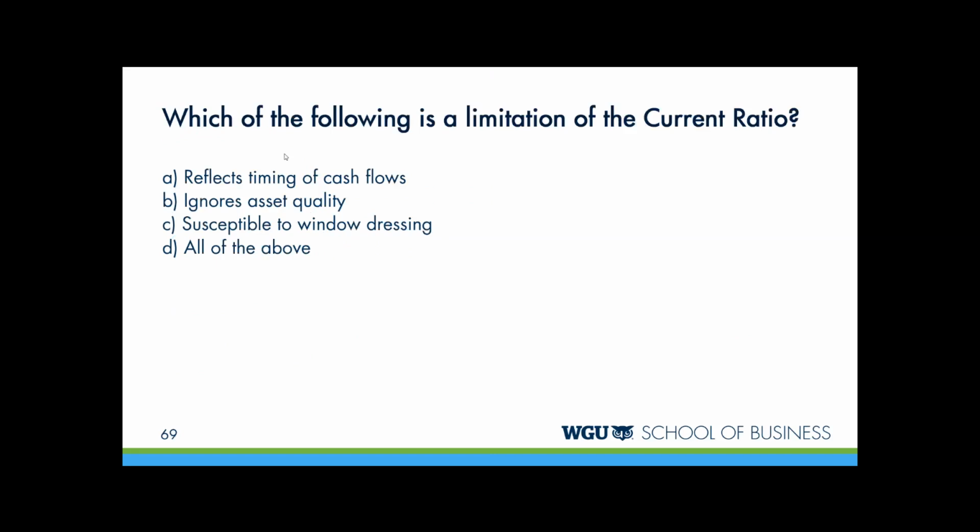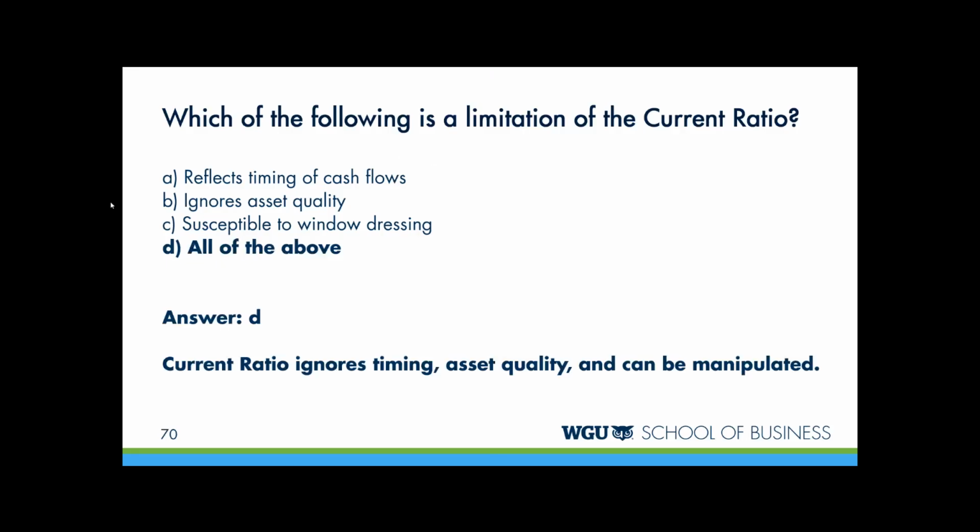Okay, which of the following items here is a limitation of the current ratio? Okay, and the answer here is going to be D. All of these items are going to be limitations of using the current ratio. It ignores timing of cash flows, the asset quality, and it can be manipulated or subject to window dressing, is what we say.